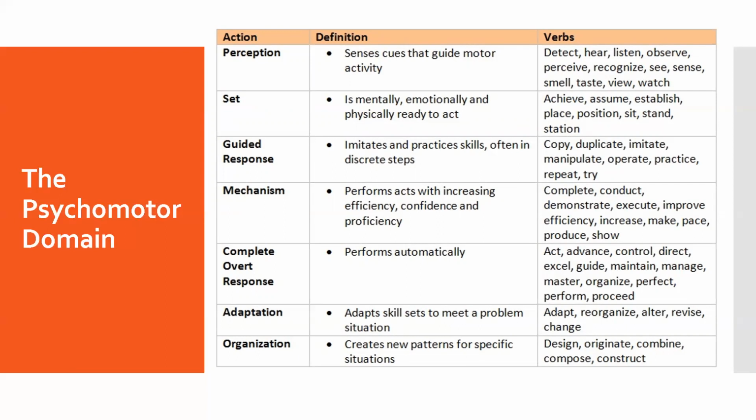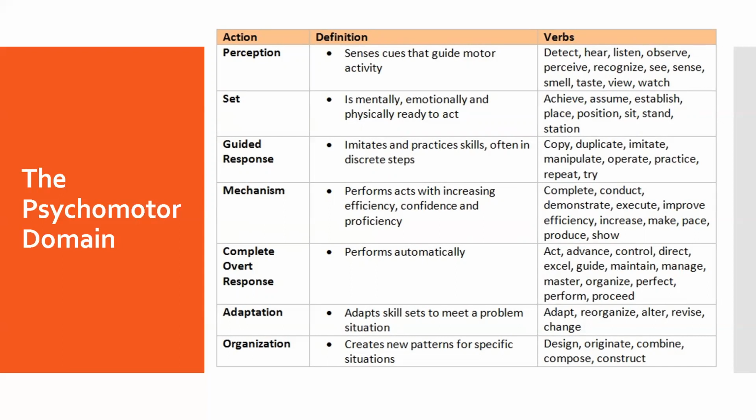In the next level, the complete overt response, the person now performs the action or the movement automatically, like an expert. In the next level, adaptation, the person now adapts the skill sets or tries to modify some of the steps in a particular movement or skill to meet a problem situation.